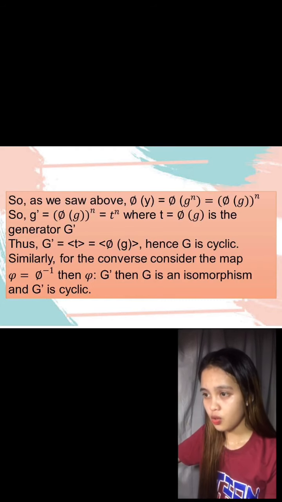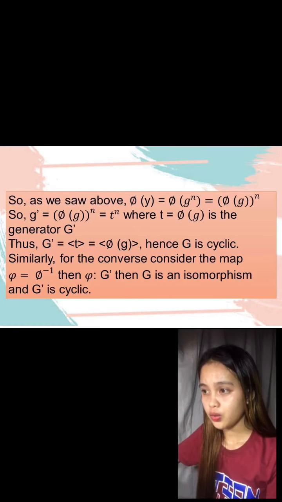So g bar is also equal to phi of g to the power of n, which is also equal to t to the power of n, where t is equal to phi of g, which is the generator of G bar.